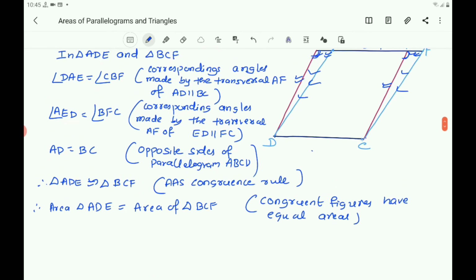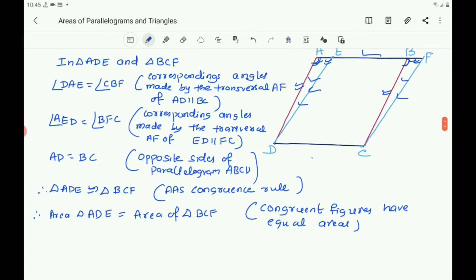Now, you start from the area of parallelogram ABCD. Area of parallelogram ABCD is the sum of the area of the triangle ADE plus the common area.